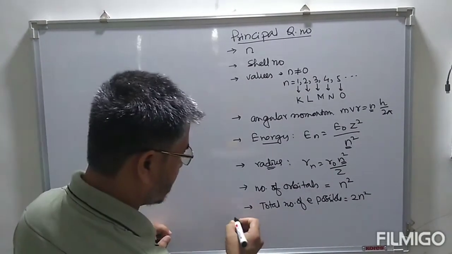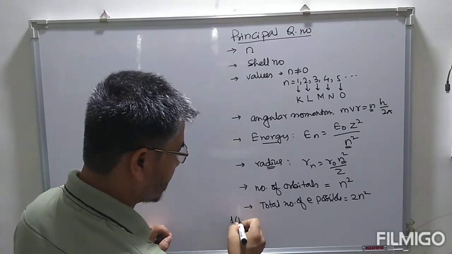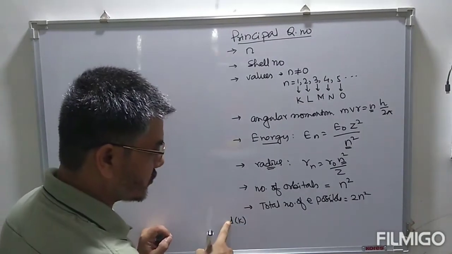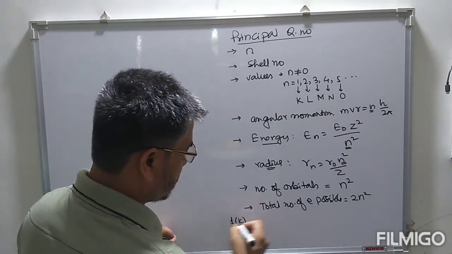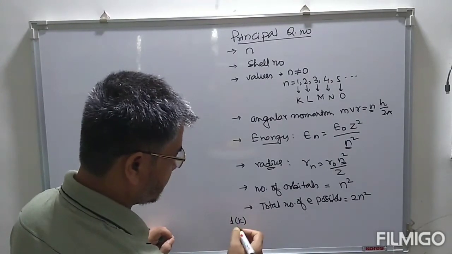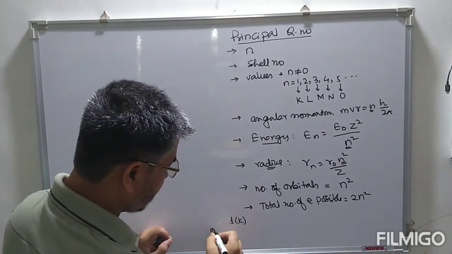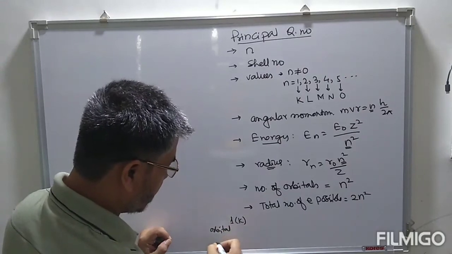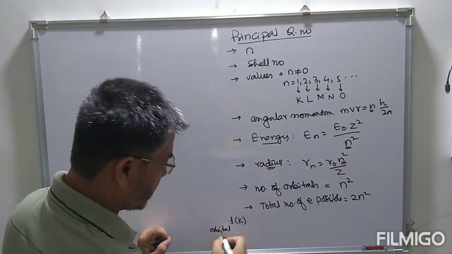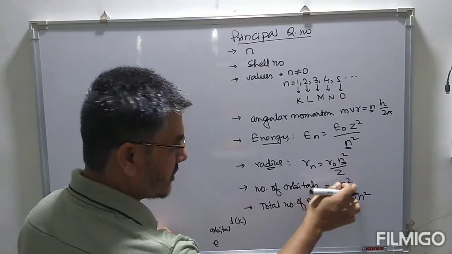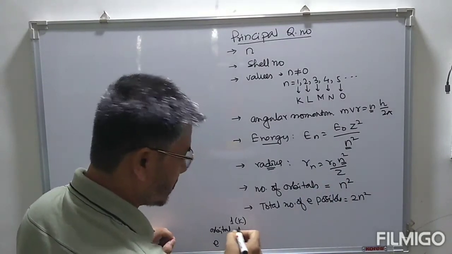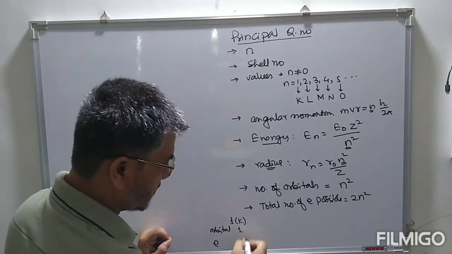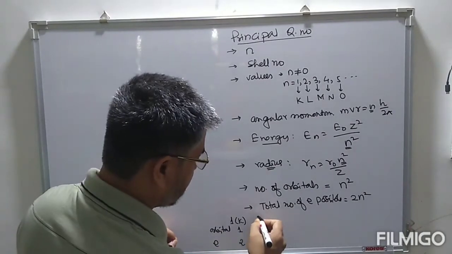So therefore, look at this. First shell, that is K shell, n equals 1. So we have shell, orbital, electron. K shell, n equals 1, 1 square, 1 orbital, and a total of 2 electrons is possible.